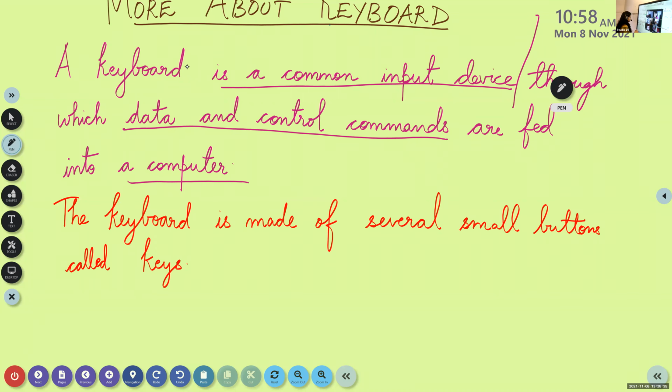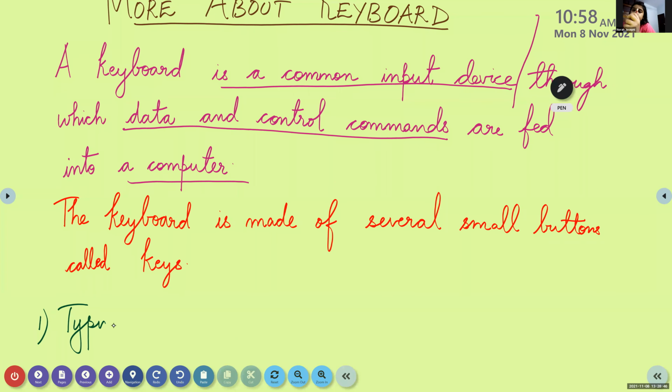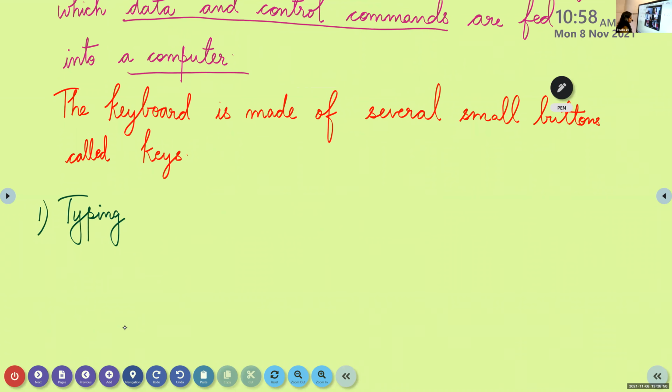So the first type of keys that we're going to learn about is typing keys. Write: typing. In the bracket, you can write alphanumeric. I'll tell you the spelling.